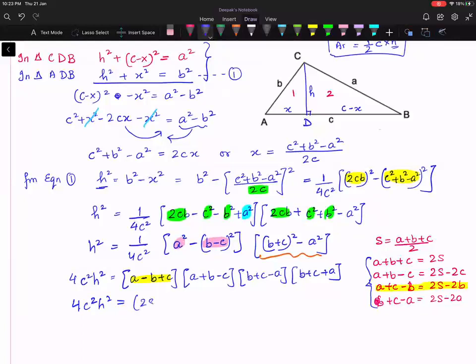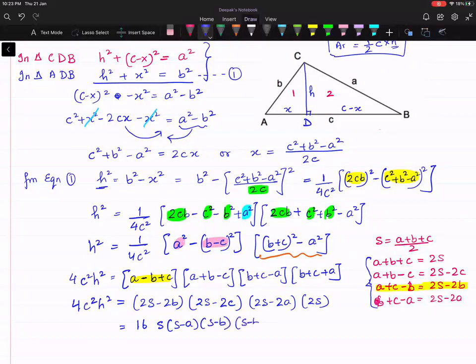So this is 2s minus 2b, this is 2s minus 2c, this is 2s minus 2a, and this one is 2s itself. So if I take 2 common from everyone, I am getting 16 times s into s minus a, s minus b, s minus c, right?